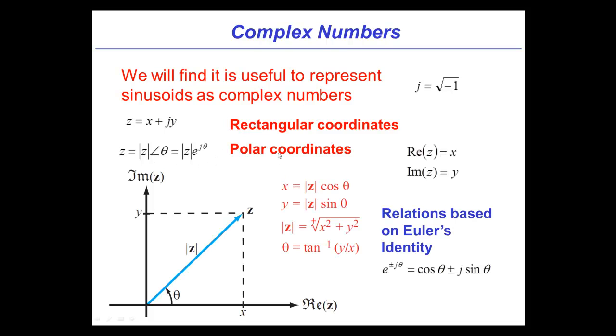Okay, so we have the polar coordinate system, and it is based on the fact that we could describe the same point over here by an angle away from the real axis and a length of a diagonal. Makes sense. And that actually comes from some basic trigonometric relationships that we know.